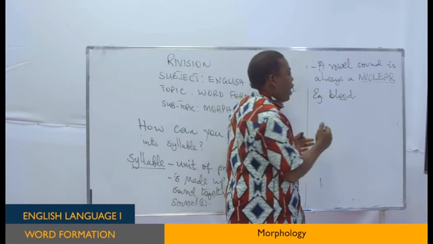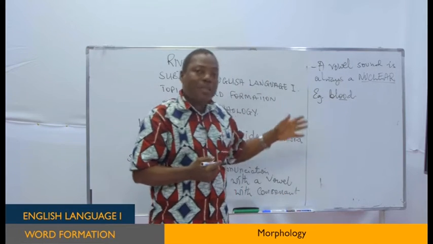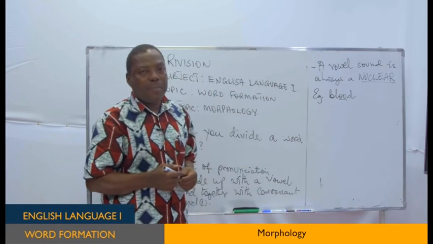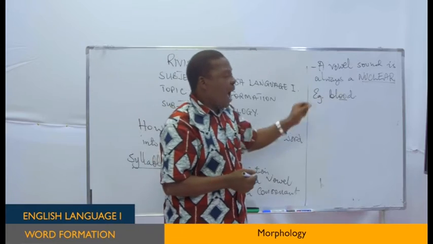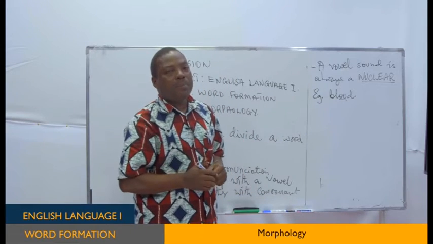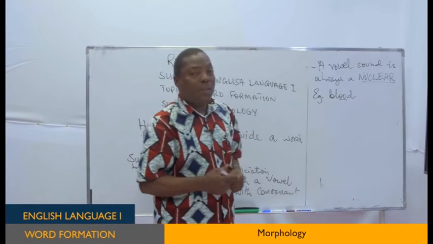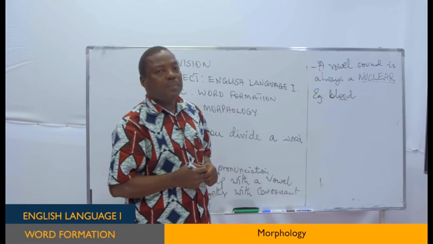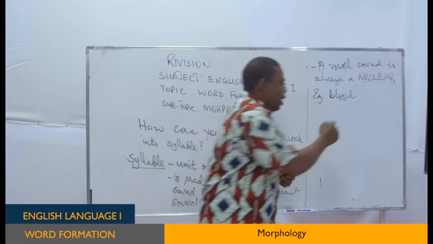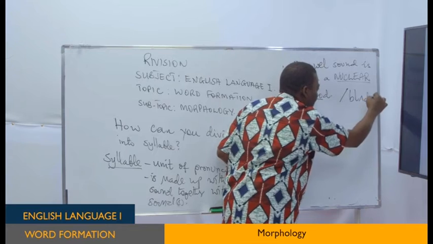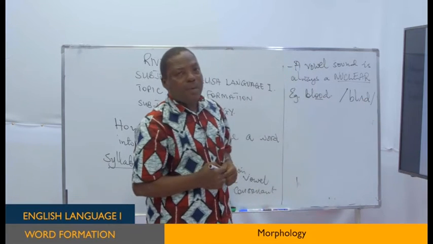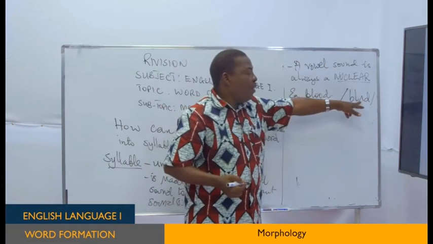But if I ask myself how many syllables the word has, I'll end up saying it has one syllable, despite having two vowel letters. If I pronounce this, it will read like this, blood. So you have only one vowel sound.